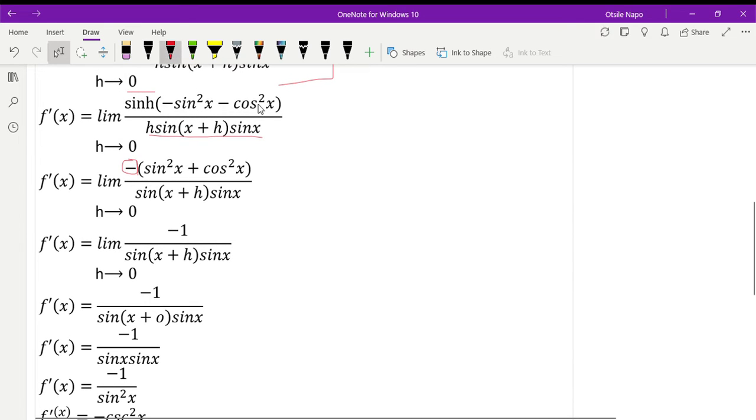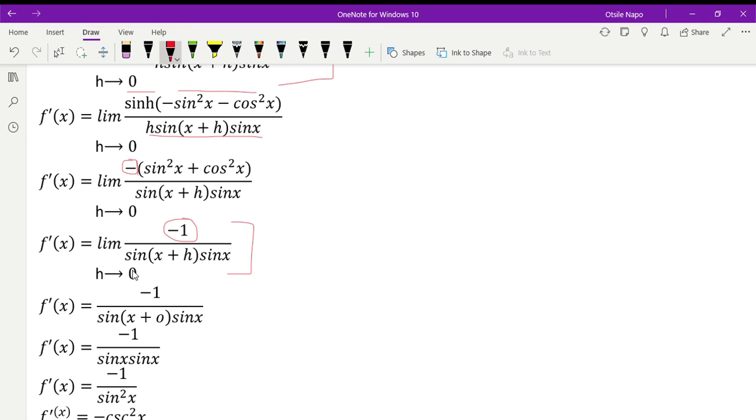So when we take a negative outside, both are going to be positive. And you know this identity, sine squared x plus cos squared of x equals 1. Therefore, we are going to have 1 here with our denominator.